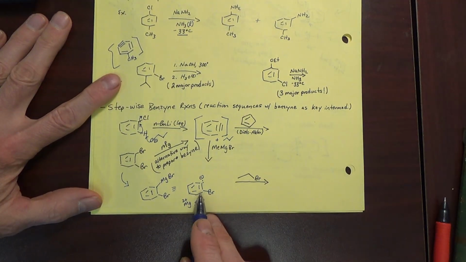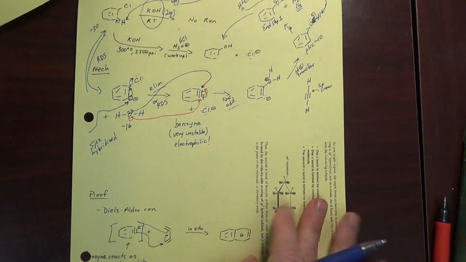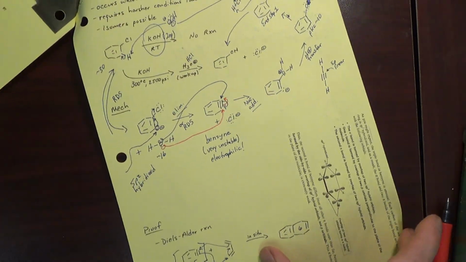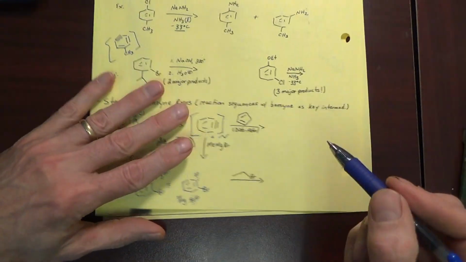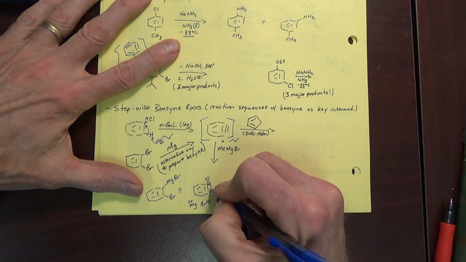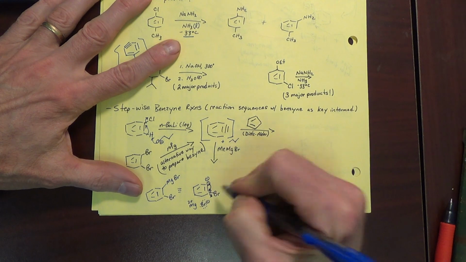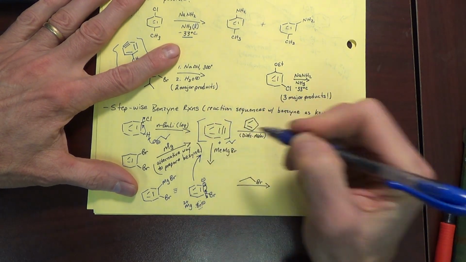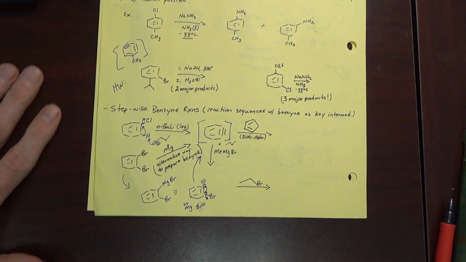That right there looks a lot like that right here. And these electrons will move in here and kick off the leaving group, and that will give the benzyne.